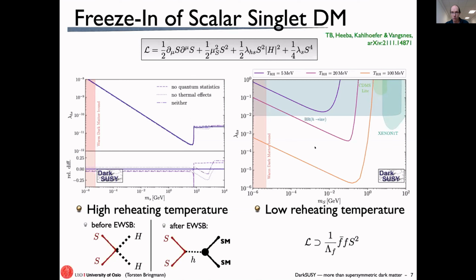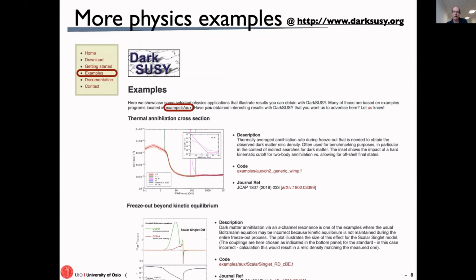That means that if you go to very small reheating temperatures, you can reach a situation where the couplings needed to get the right relic density are so large that they are in principle testable at colliders. Here is the current limit from the invisible decay of the Higgs. This is just one example of the things you can do with DarkSUSY.